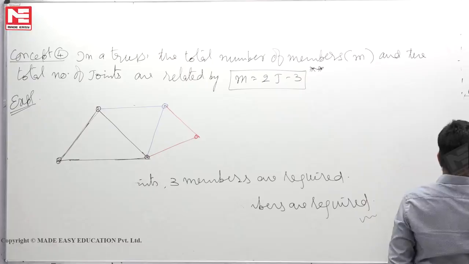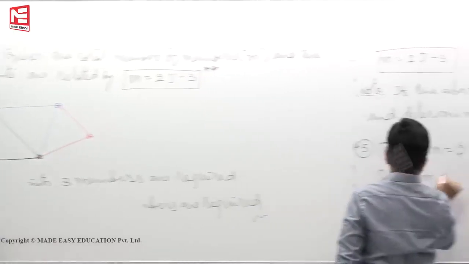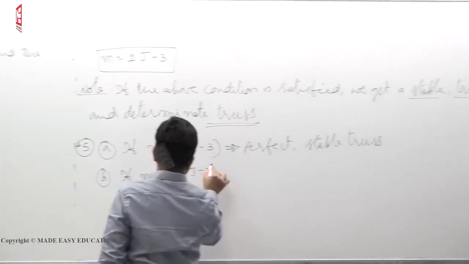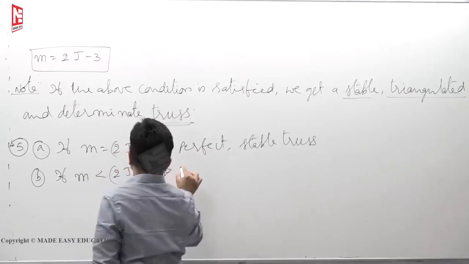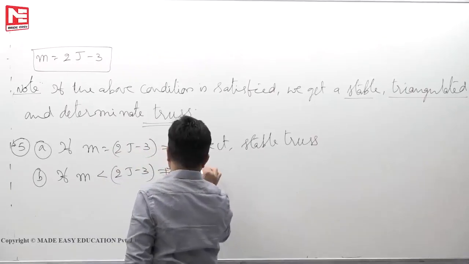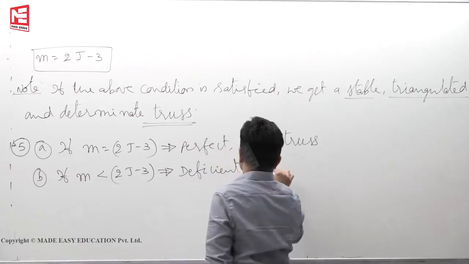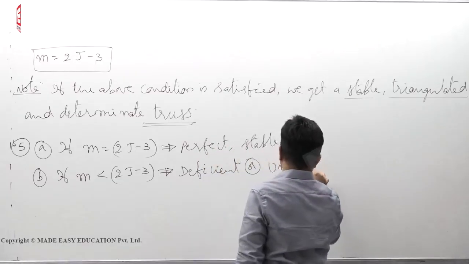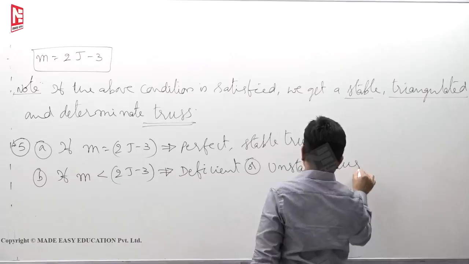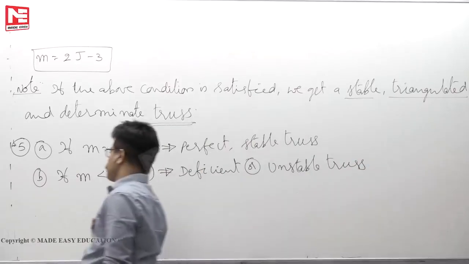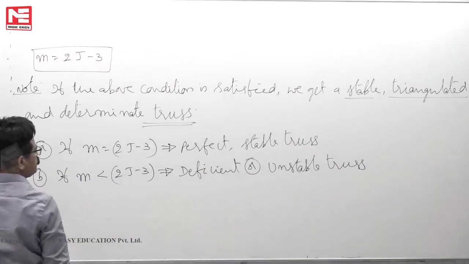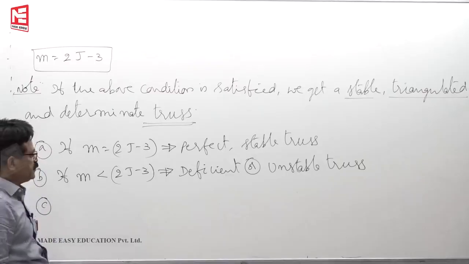So, if the number of members is less than 2J minus 3, we call it a deficient or unstable truss. Thus, this becomes unstable.